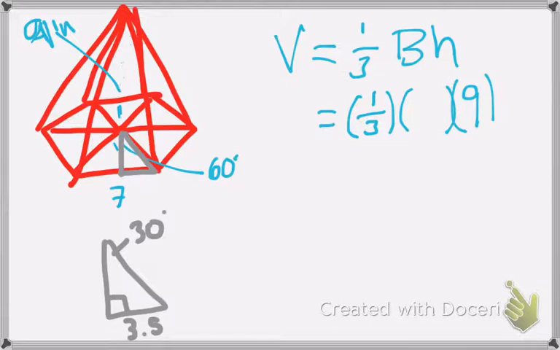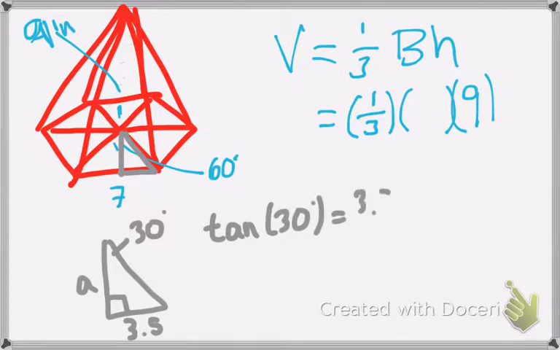And you've been liking to solve for the apothem. I'm just going to use right triangle trig since I have a right triangle. Tangent of 30 degrees equals opposite over adjacent. In order to get rid of the a out of the bottom, I'm going to multiply by a on both sides.